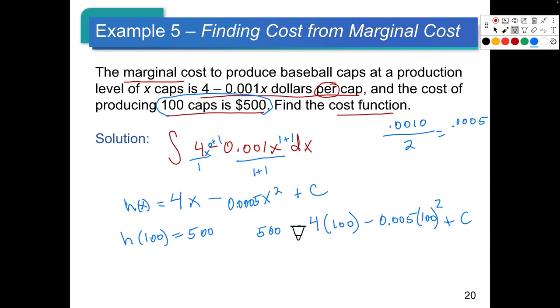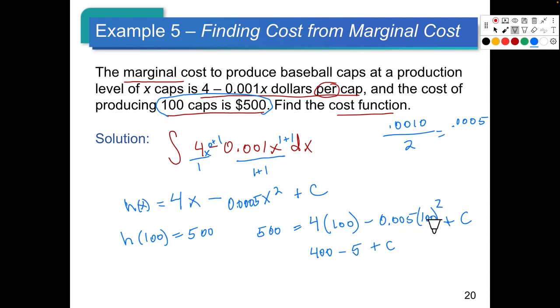Okay, 4 times 100 is 400. 100 squared is 10,000. Move it over 3 places, so that gives you 1 times 5, which is 5.